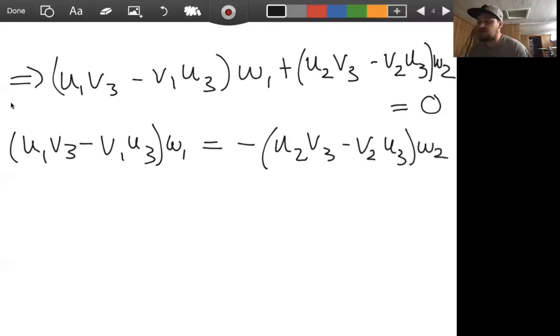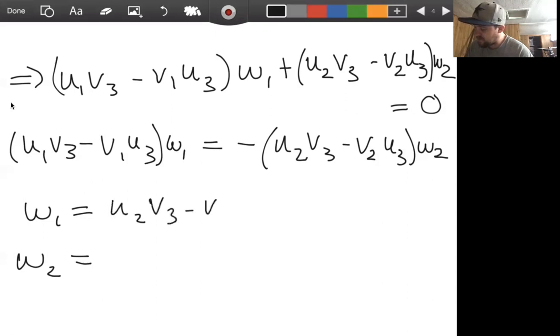And so maybe you can see from here, for this equation to be satisfied, we can choose w1 and w2, right? We can choose w1 to be u2 v3 minus v2 u3, and we can choose w2 to be negative (u1 v3 minus v1 u3).